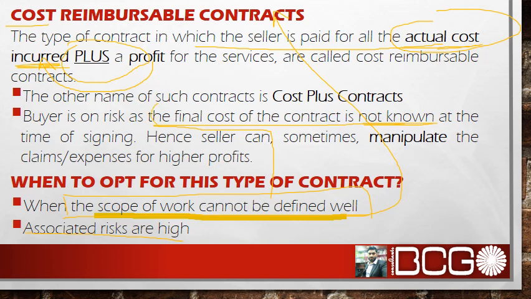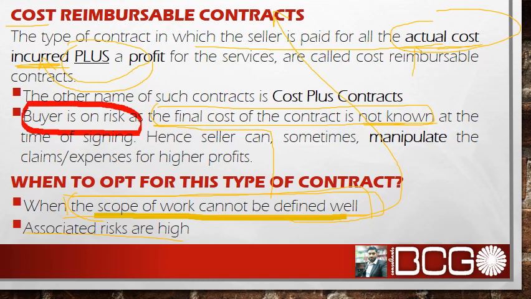I don't know how much the final cost will be, because I don't have a clear requirement or clear scope of work. So if the final cost of the contract is not known and you have to pay the actual incurred cost to a supplier, in this particular situation the buyer is at risk.